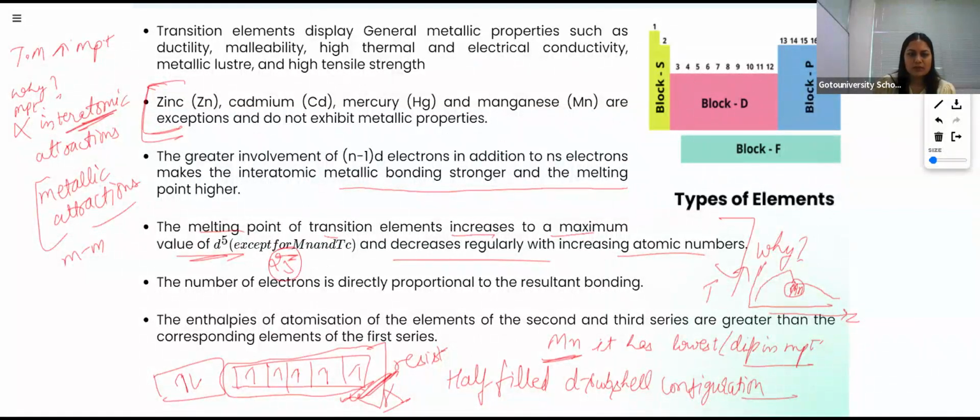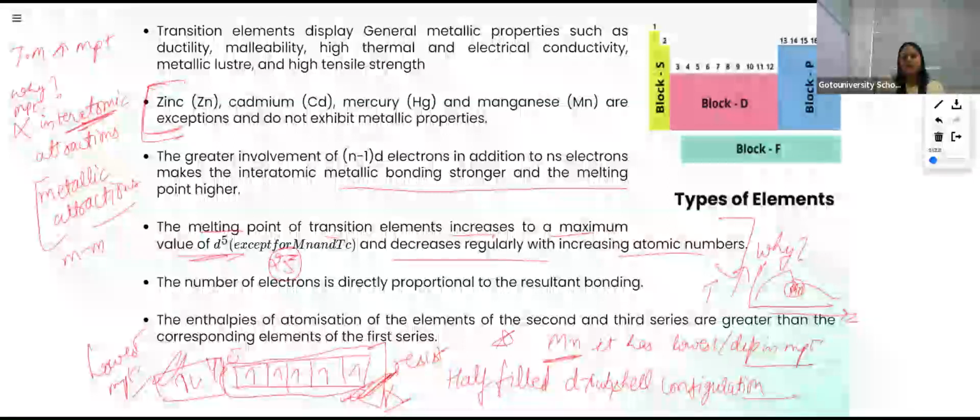As they have strong metal-metal bonding, only the 4s electrons participate, which results in the lowest melting point.